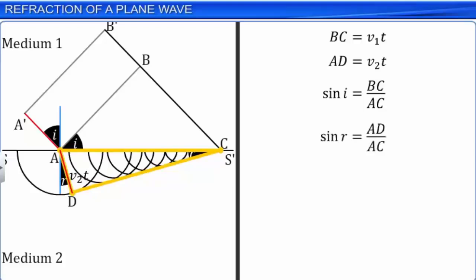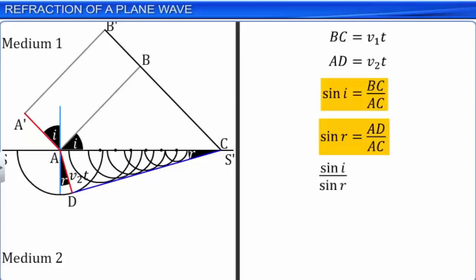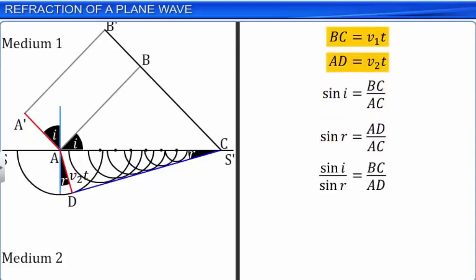From these two equations, we get sin I by sin R is equal to BC by AD. On substituting the values of BC and AD in the equation, and on further simplification, we get sin I by sin R is equal to V1 by V2. Let this be equation 1.